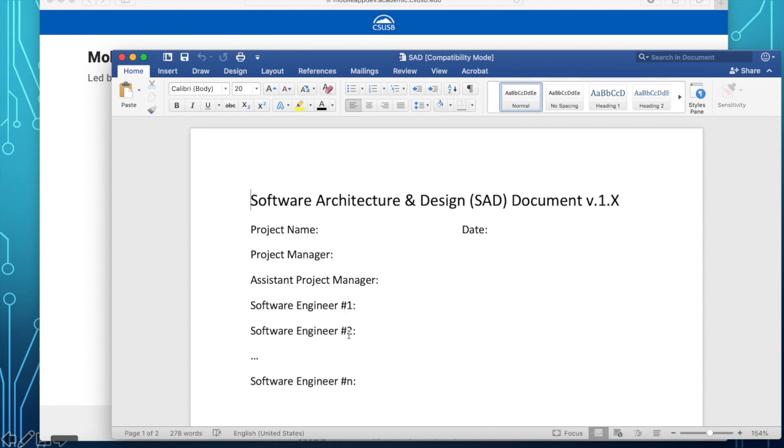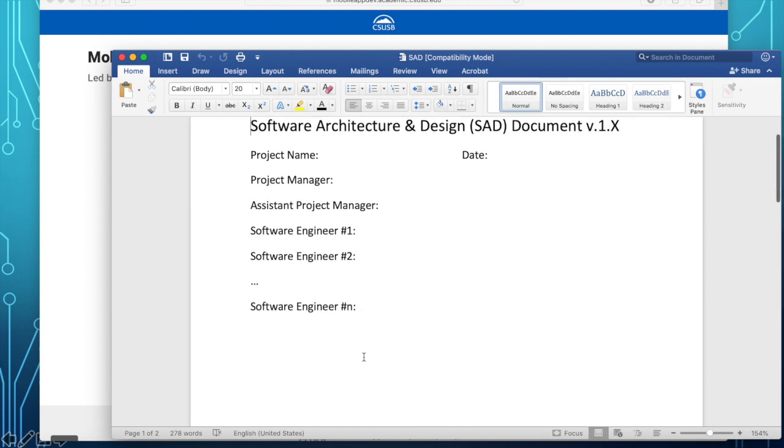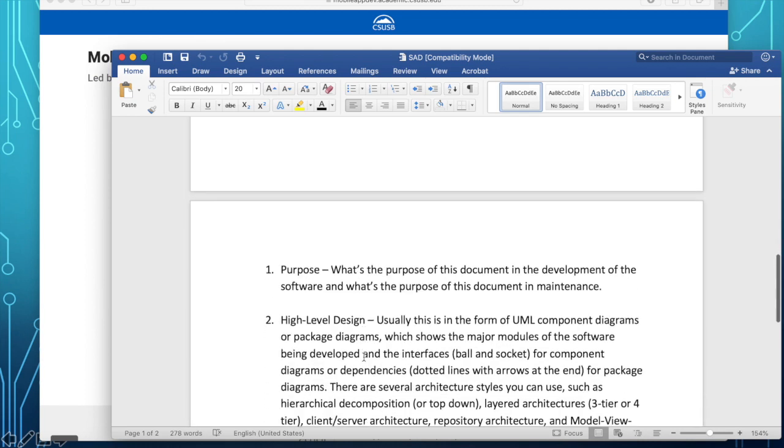The management team is responsible for the high level design, and the software engineers are responsible for the low level design and the detailed design. Okay, so it's a combined effort of the design document.